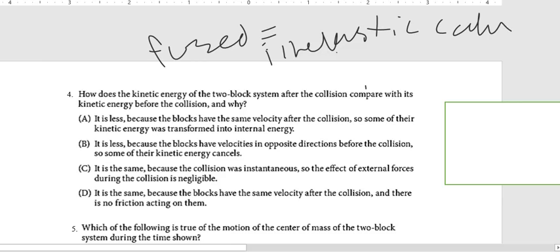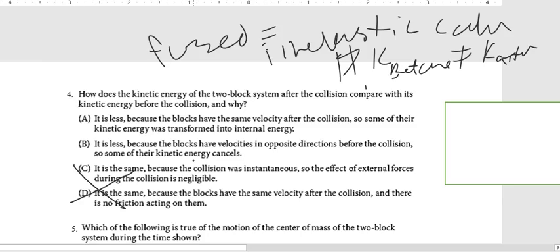And you know for an inelastic collision, K before does not equal K after. So it's got to be A or B. It can't be C or D because those say it's the same.